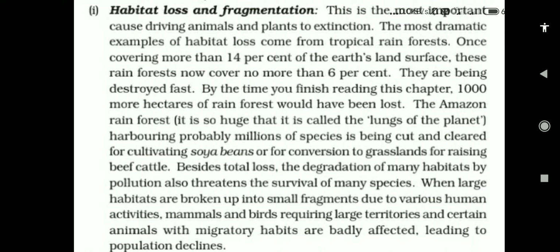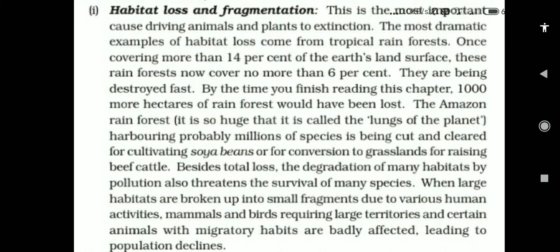So it is very dramatic: earlier there was 14% of the earth's land surface under tropical rainforest, and now it is only 6%. See how the land surface is reduced and habitat gets lost.